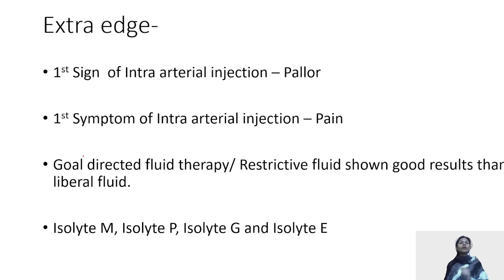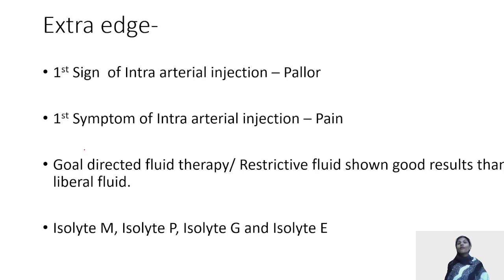If you remember, we talked about this in our thiopentone class, that if intra-arterial injection is given, sign is pallor, symptom is pain. Goal-directed fluid therapy is the best therapy that has shown good results than liberal fluid therapy.